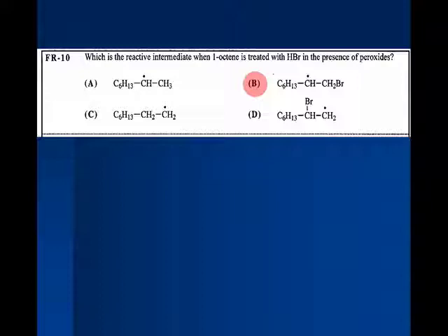Why does it prefer to attack the primary or the number 1 carbon and give this radical as opposed to this one? That's right. It is the most stable radical. And so we can actually add HBr across the carbon-carbon double bond in an anti-Markovnikov fashion if we have something like peroxides around, because peroxides initiate free radical reactions. Okay? All right. So let's get into the new stuff.